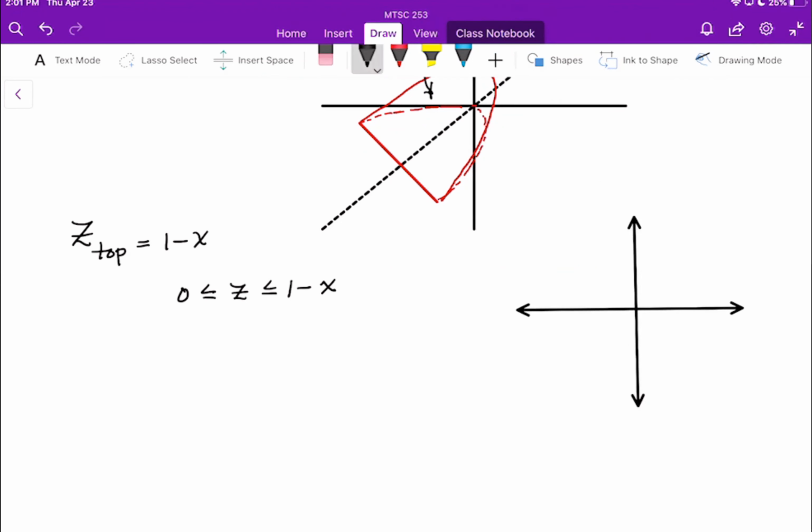So in the xy plane, I have a parabola that is facing in the x direction that looks like this.